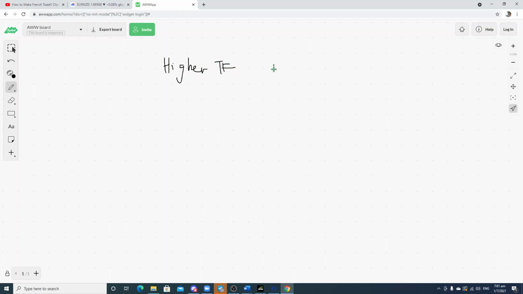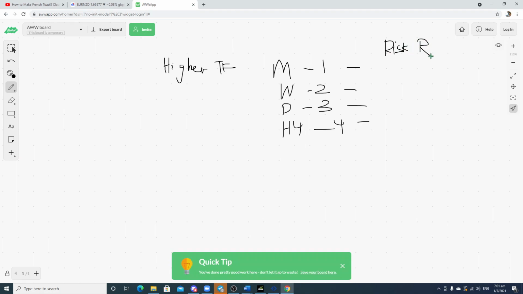I'm not really expecting you guys to look at the monthly, but the monthly is better than the weekly, is better than the daily, and the H4 is better than the daily. The difference is the risk reward. This one is higher, this one lower, and all that. You get the picture.